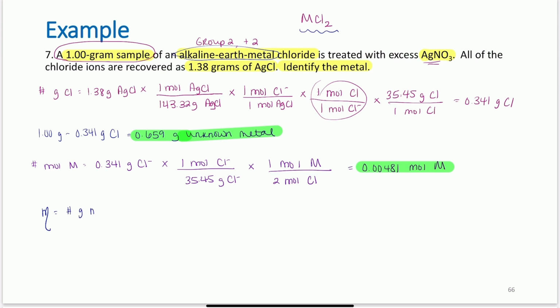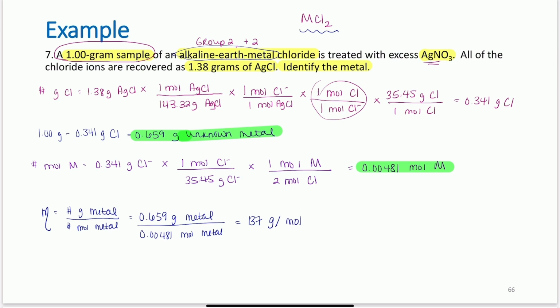Number of grams of metal divided by number of moles of metal. 0.659 grams of your metal divided by 0.00481 moles of your metal gives me 137 grams per mole.